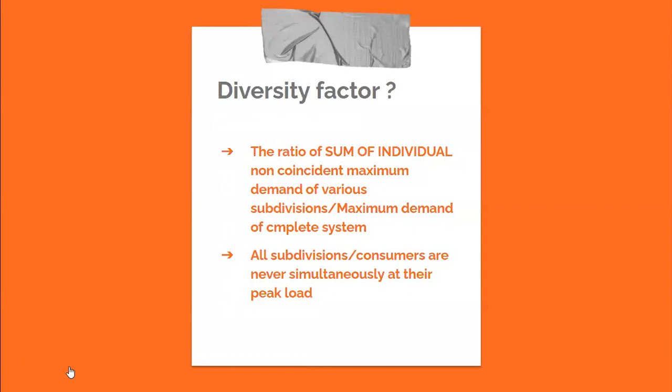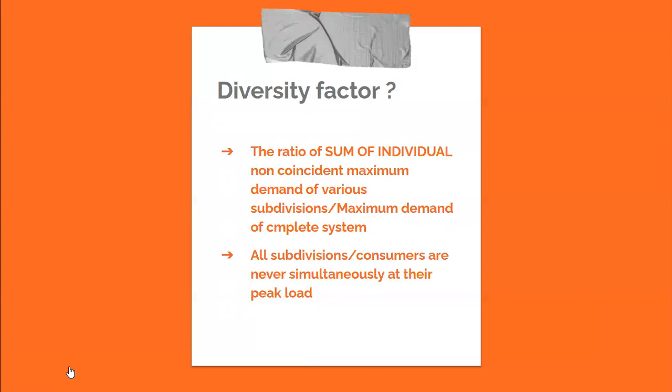You will understand this when I take an example. Just remember this definition: diversity factor is a ratio of the sum of individual non-coincident maximum demands of various subdivisions, of various loads, divided by the maximum demand of the complete system in the denominator.